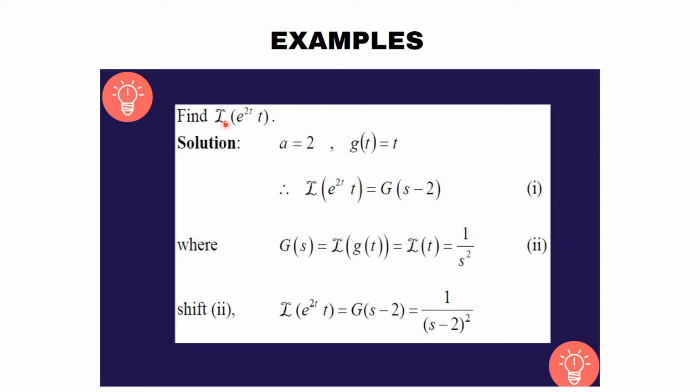Okay, so let's take a look at this example. You have the Laplace of e^(2t) multiplied by t. From the exponent, we can determine that a is 2 and the function g(t) is t. So the Laplace of e^(2t) times t equals G(s minus 2) in the s domain.